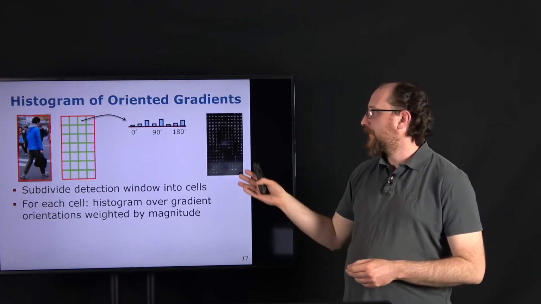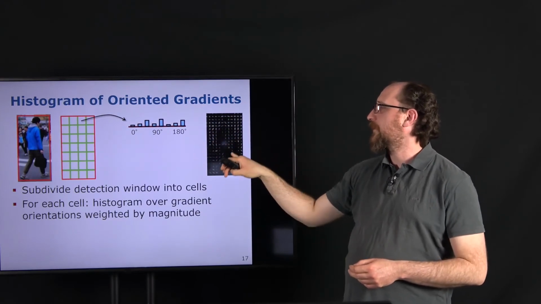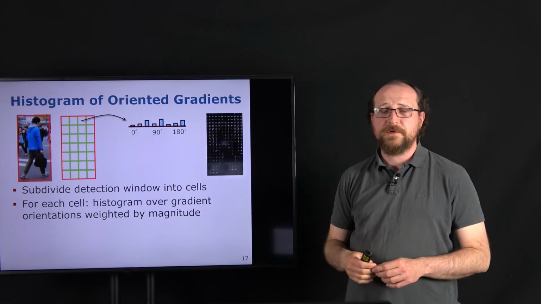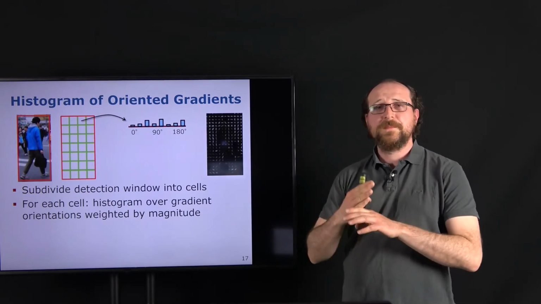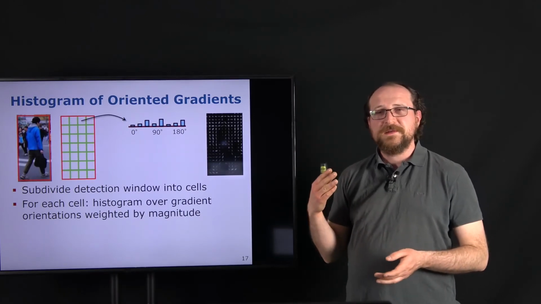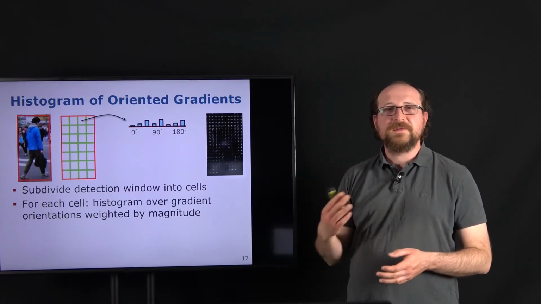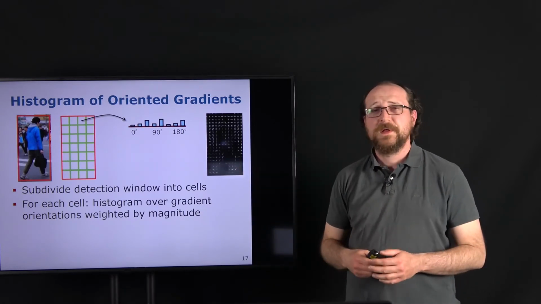And this is then usually visualized like this. Each of these cells corresponds to some histogram, and this encoding is basically just showing you where the main entries in this histogram are. But this is only the visualization here.